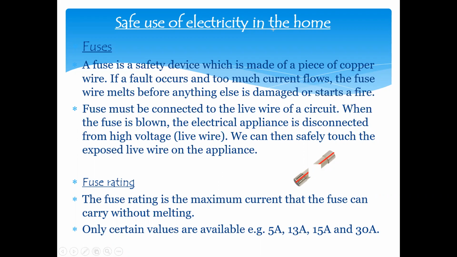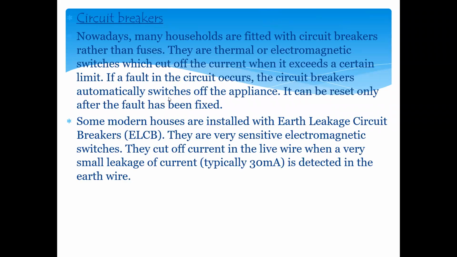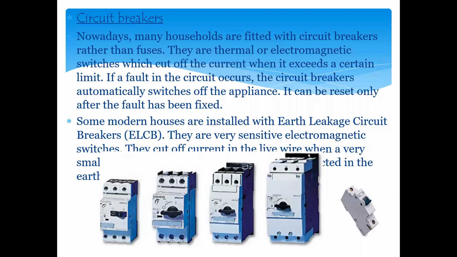But for a circuit breaker, once the current is too high, it will switch off automatically and we just have to reset it and make it work again. So circuit breakers are more useful as compared to fuses.